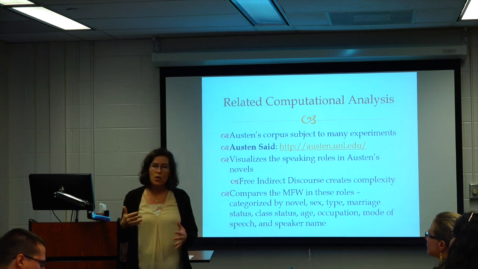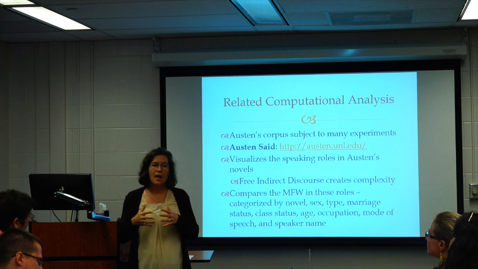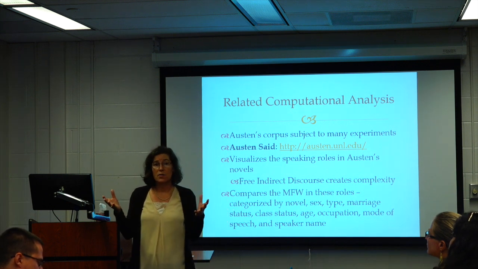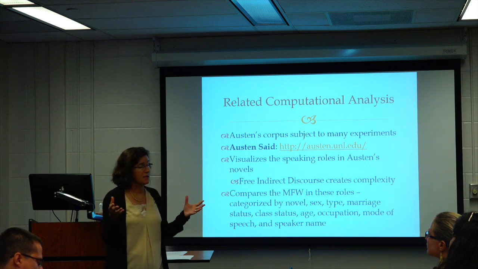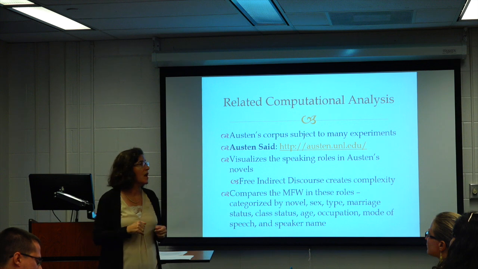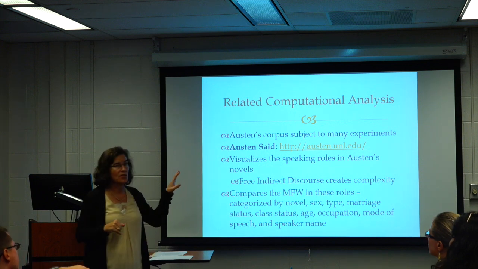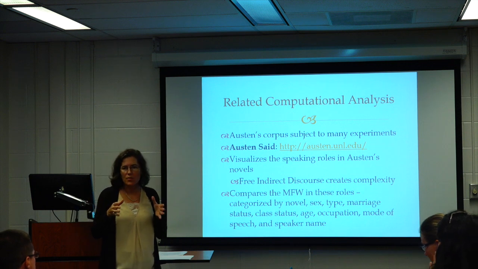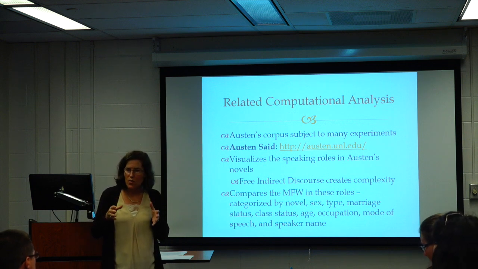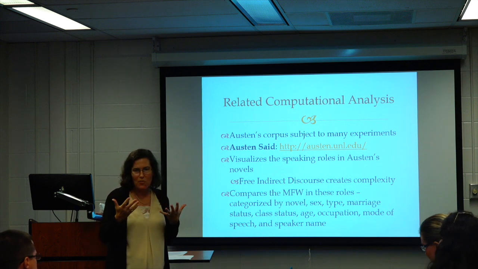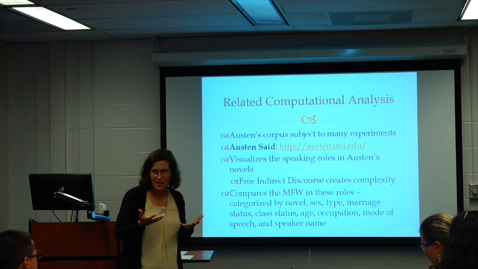His work on Austen became the foundation for a lot of computational analysis of literary works. It's been improved upon and built on. Austen is useful because she has a very small corpus, and it's so well known that you can figure out expectations of what should happen when you run a test on it.